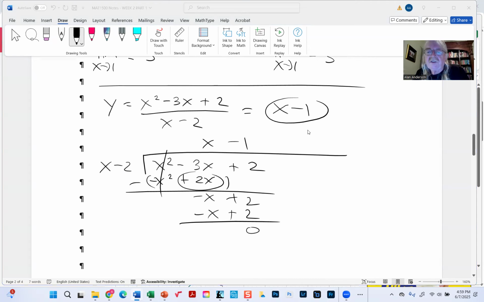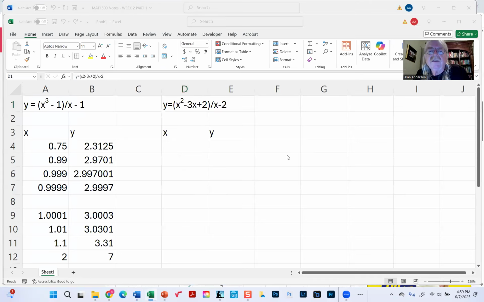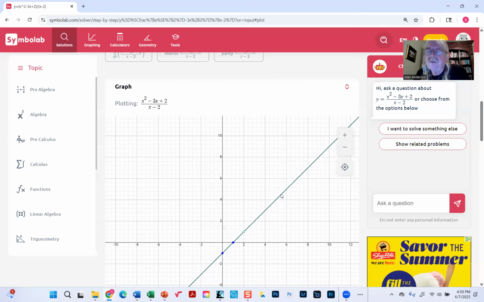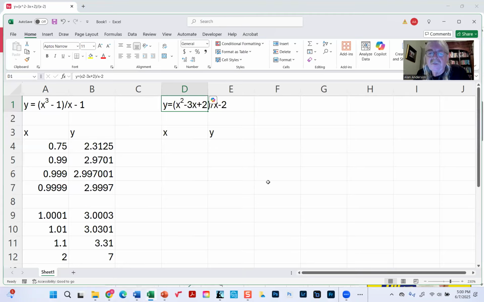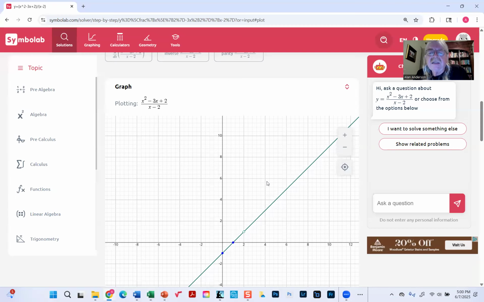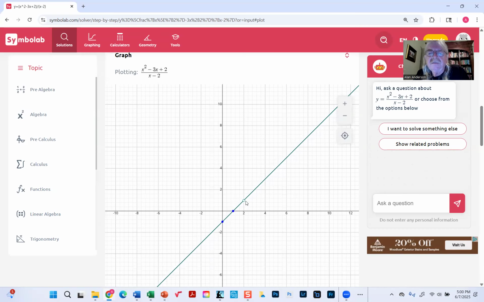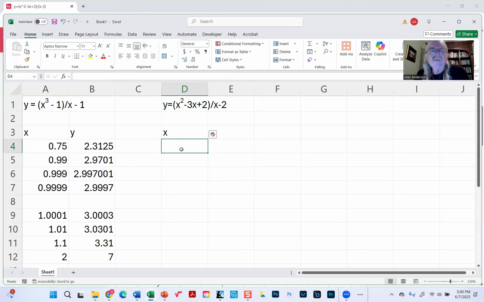So if that was our original function, then we would have a straight line without a discontinuity. But because we're dividing two terms in such a way that we cannot allow x to equal 2, because that would cause division by 0, that means that we have a graph like this. So what they're going to have us do is fill in these values as we get closer from the left and from the right.